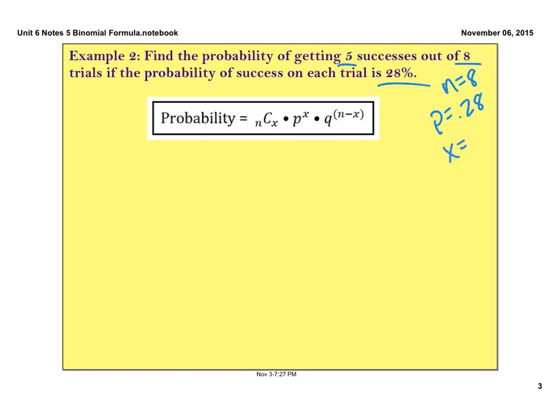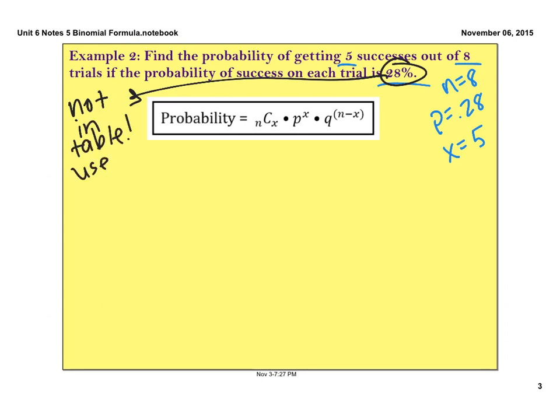So anytime you have something that is not in your table, you're going to have to go to this formula, okay? So that's what's happening here. I have a p-value that's not in the table, so I have to use the formula. If you need to write that down, go ahead and write that down. Not in the table. So I'm going to use the formula.